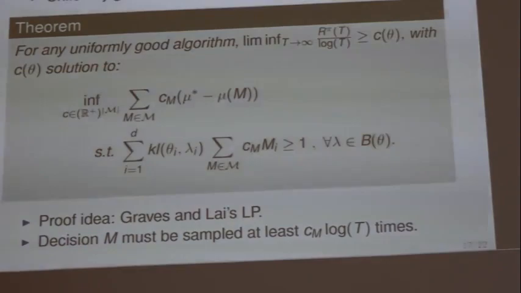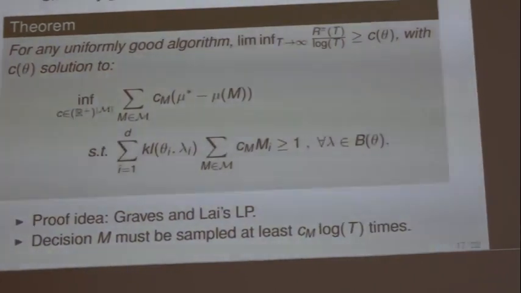And what that region is telling you is simply: look at parameter theta and at another parameter lambda, such that the best decision on theta is not the same as on lambda. So it's a confusing parameter, if you will. In order to distinguish those two, it tells you the amount of samples that we need is this. So if you solve that problem and calculate cm, that tells you that decision m, if you want to obtain minimal regret, must be sampled at least cm times log T. That's what it is.